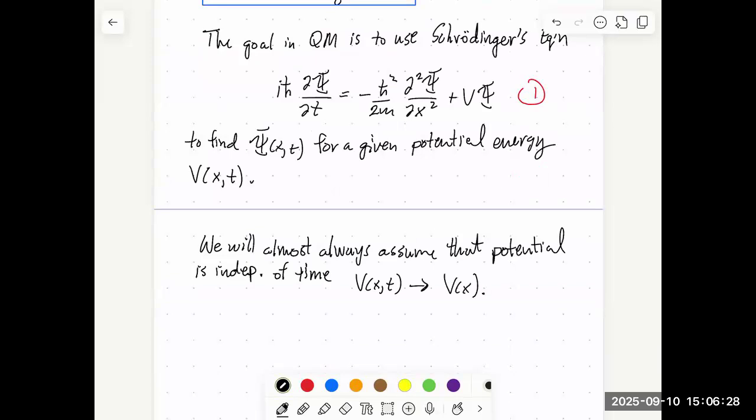And so what we're going to try to do is take this time-dependent Schrodinger equation and write a version of it that doesn't depend on time at all. Then we'll have moved away from partial differential equations that involve mixtures of time and position to something that is only a function of position, an ordinary differential equation that's easier to solve.